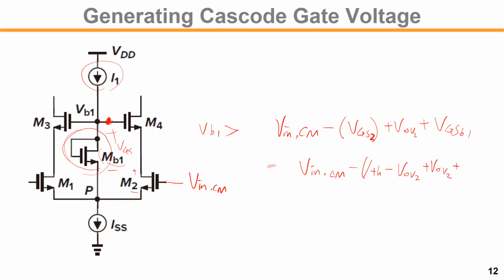Plus VGS, VTH plus V overdrive of the P1, right? So that gave us the overdrive 2 cancel, VTH cancel, so V in CM plus V overdrive B1, right?